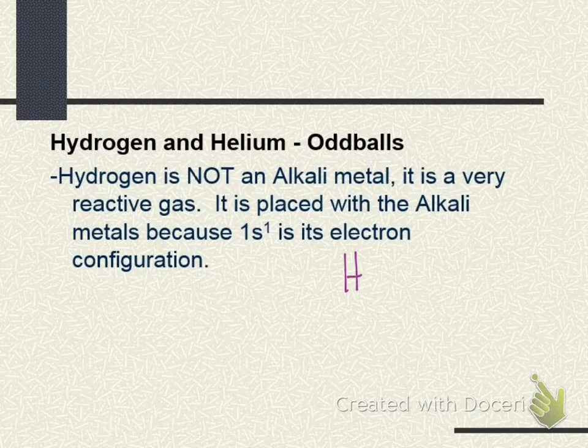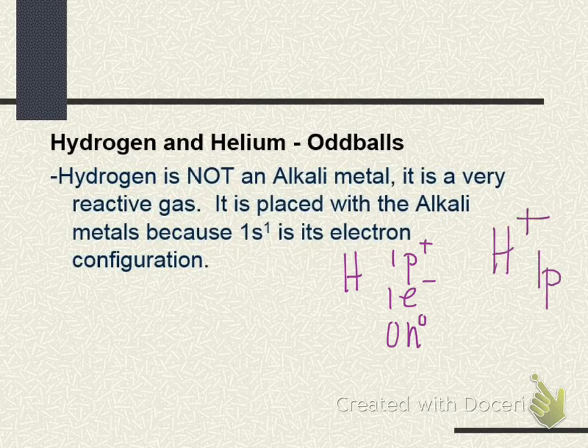Hydrogen normally has 1 proton, 1 electron, and 0 neutrons. When it gives away its electron, it becomes H+, so basically it only has 1 proton. A lot of times if we refer to a proton, we'll call it a hydrogen ion as well, because that's the only thing left.